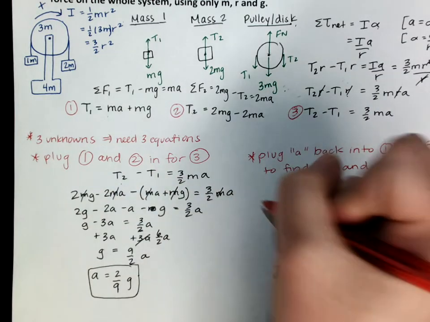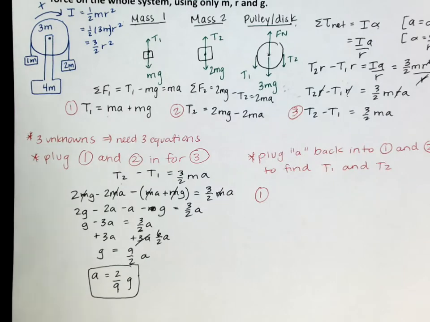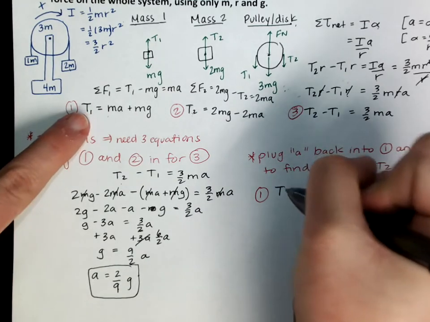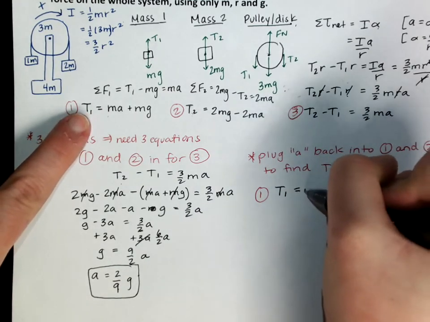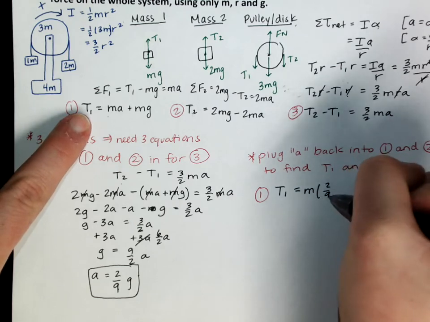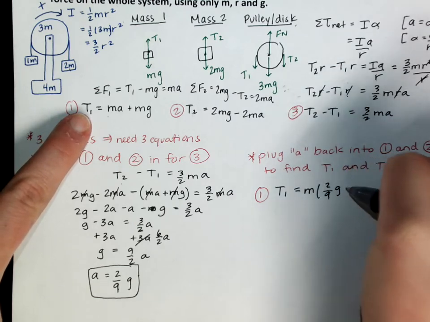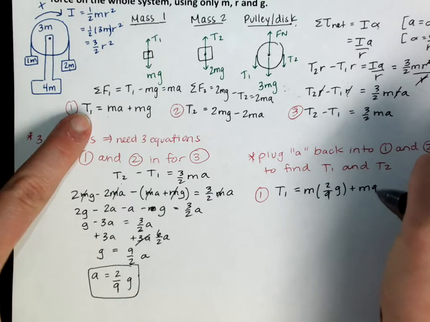Okay, so our first equation would become T1 equals m times 2/9 g plus mg.